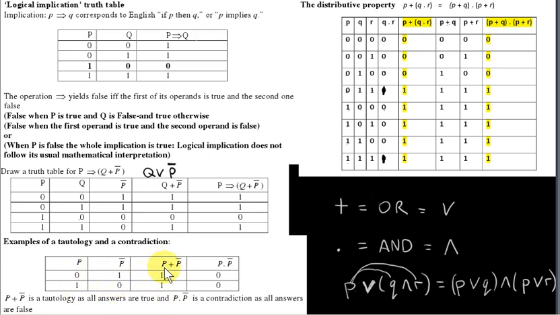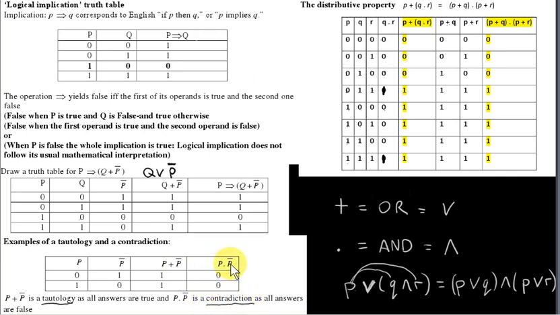This shows us that P plus P bar, or P or P bar, is a tautology because we have nothing but ones in this column. When all the answers are true, then we have a tautology. As distinct from a contradiction, which happens when all truth values are 0.